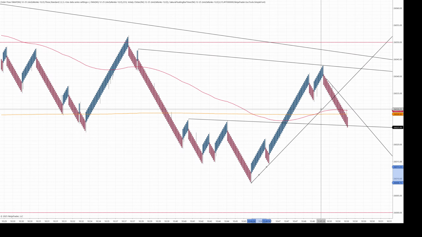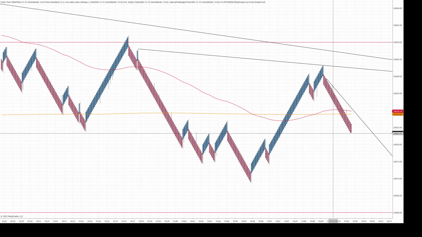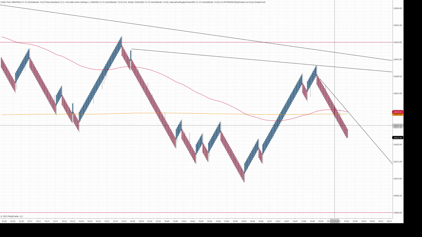See, now the trend lines are too aggressive. In fact, this would have been potentially a bearish signal here. Is that right?